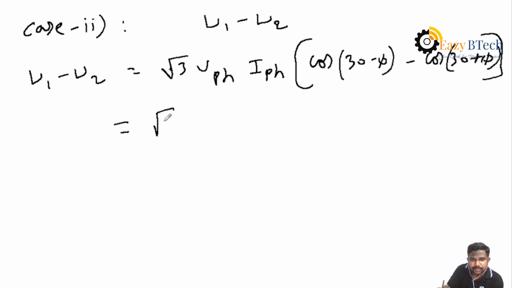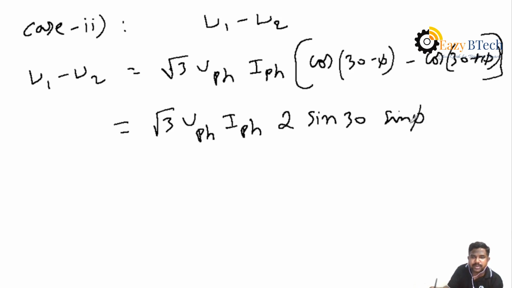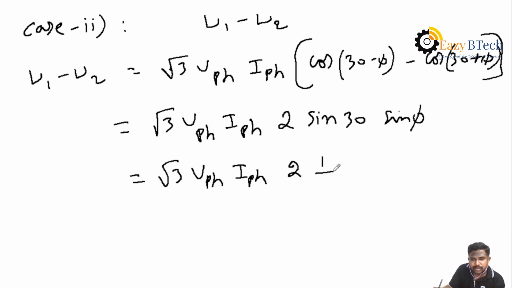Then root 3 into VPH and IPH, then 2 into sin A sin B. We know the value of sin 30 is 1 by 2. Then 2 will be cancelled.